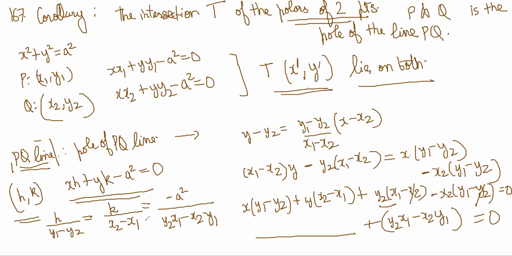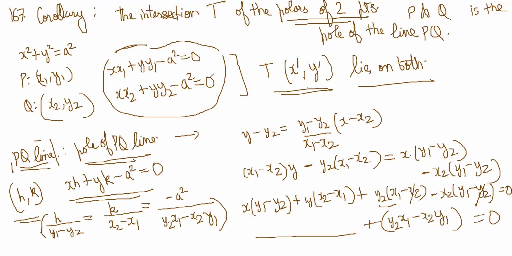So h, k has come as this. That is my pole of the PQ line. And now if you solve this, you will realize that x dash, y dash will be this h, k only.